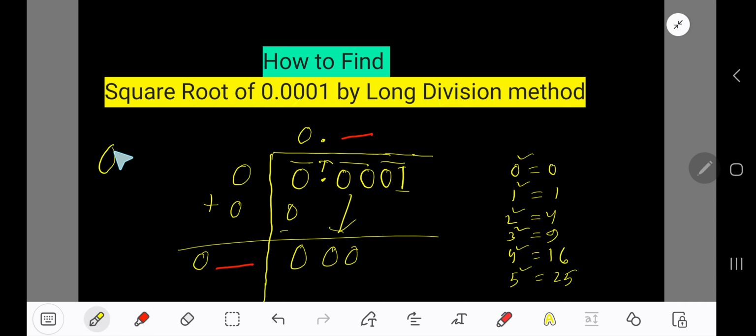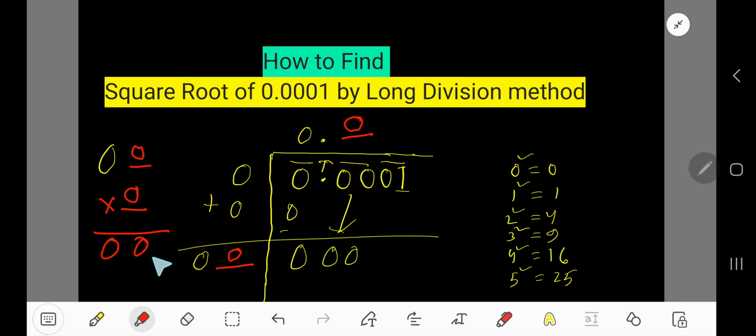Since your dividend is 00, if you consider 0, then 0 times 00, 0 times 00 means 00.